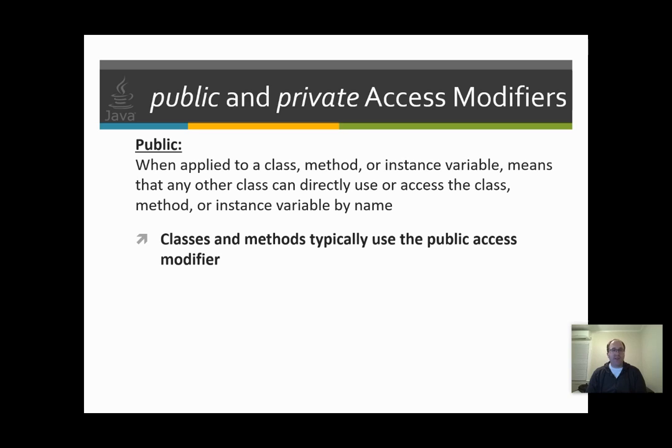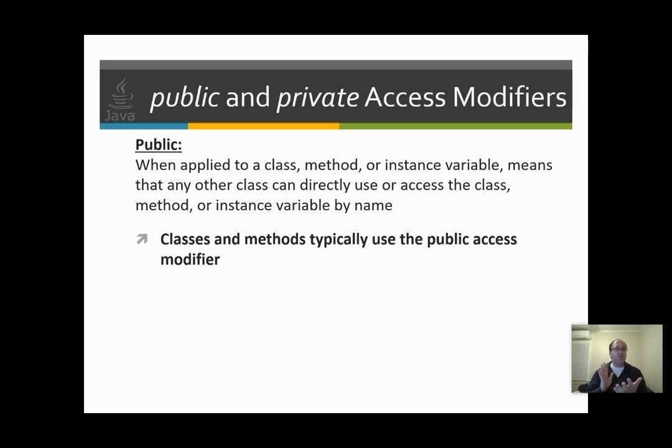It's the reason why in the main program, we've been able to write something like p1.movies equals 5, because the movies variable was declared as a public variable. Meaning that even though movies sits over here in the person class, the main program can still touch those variables directly.